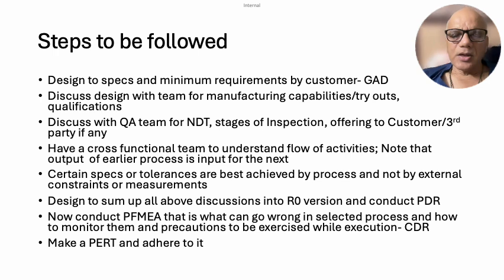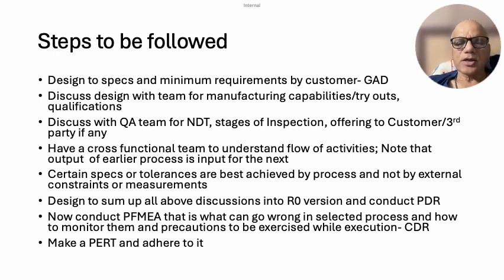But there, each process owner has to clearly outline what he will do when the job comes to his department, and how he is trying to manage the best possible results from his own process.